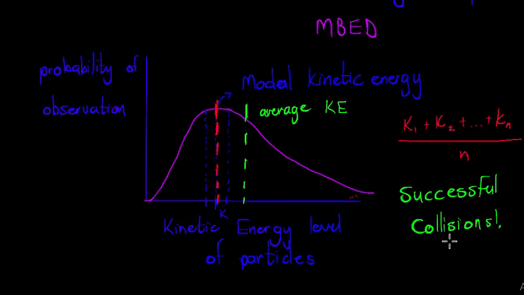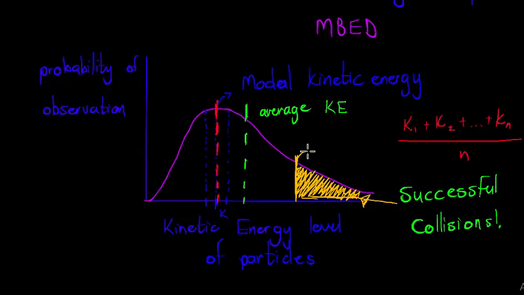Which particles will have enough energy? It will be particles that fall above a certain level. All the particles that fall in this area will be the particles that have enough. Remember, the higher I go on here, the more energy it has. So all the particles in this area have enough energy to have successful collisions.